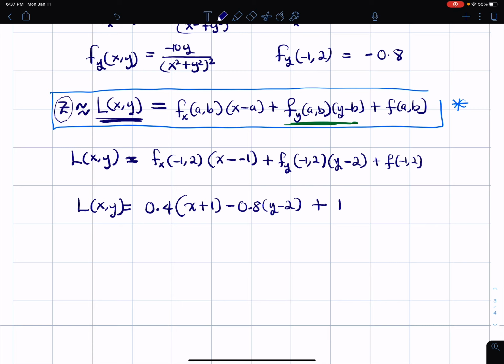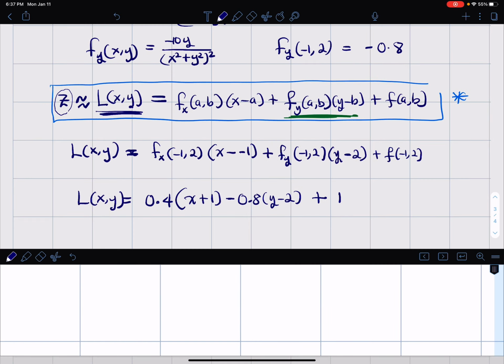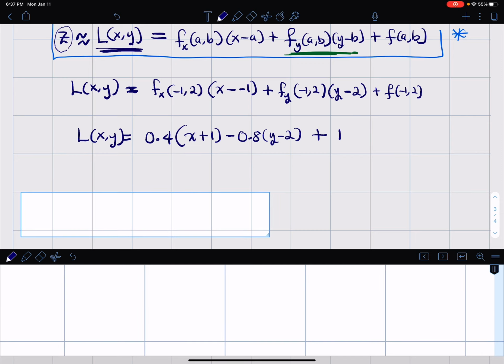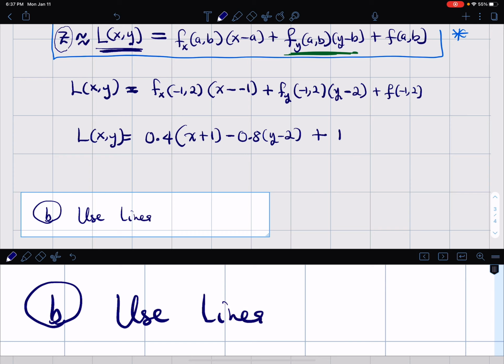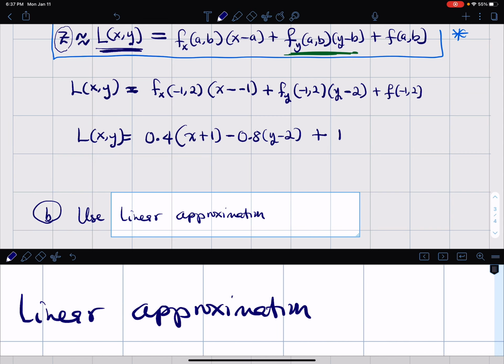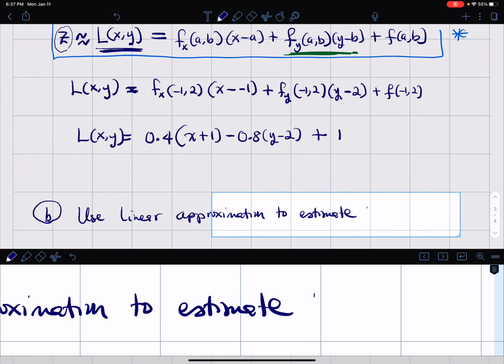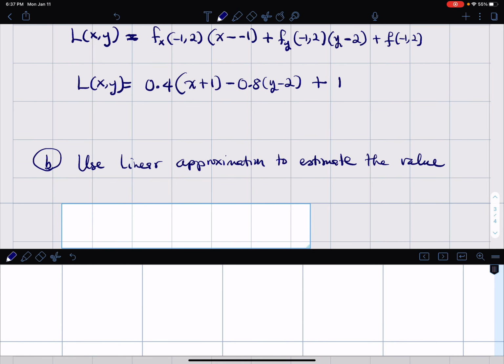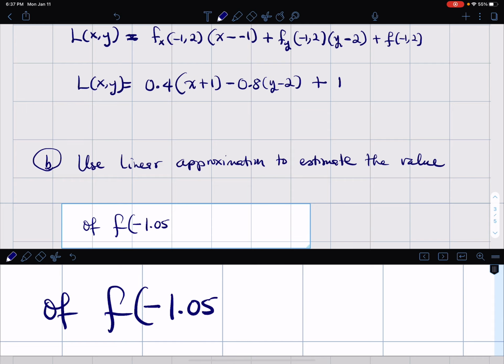So the next part of the problem is we want to use linear approximation to estimate the value of f of -1.05, 2.1.